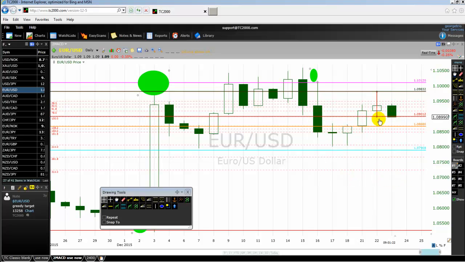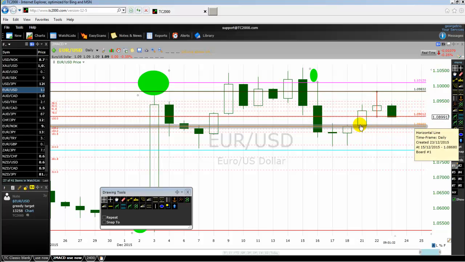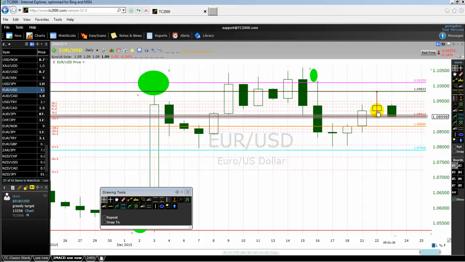The red line, that's the low of the range of yesterday. That's where we are now. So if the price continues to go down, it will find resistance below that low, but be aware of the 138.2% Fibonacci extension that we have placed on our chart upside down, in relation to the range of the candlestick bar of yesterday.